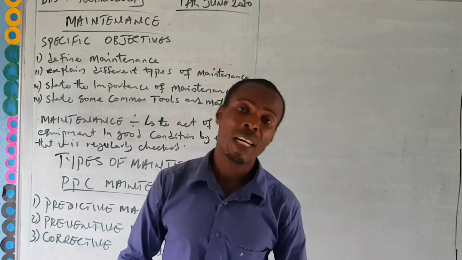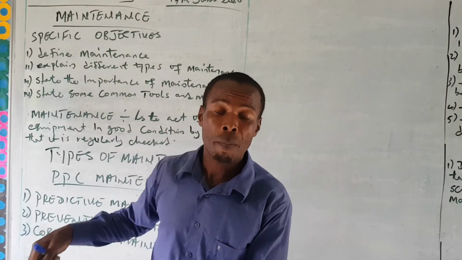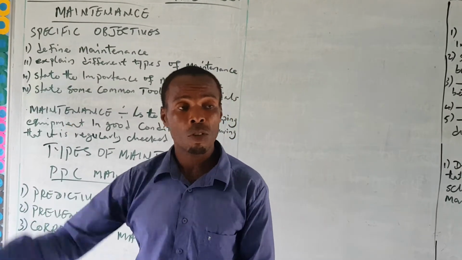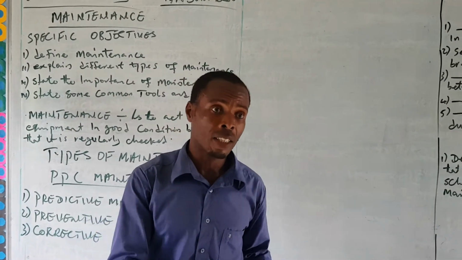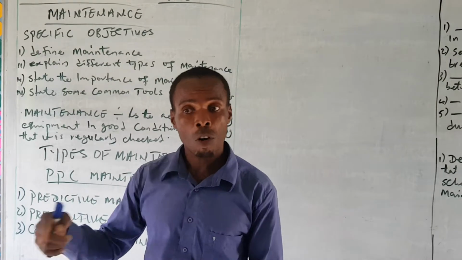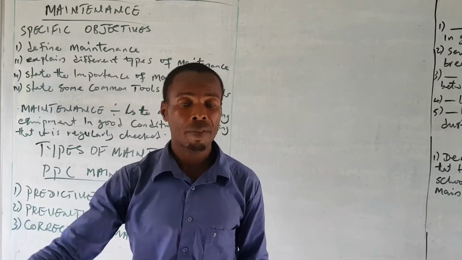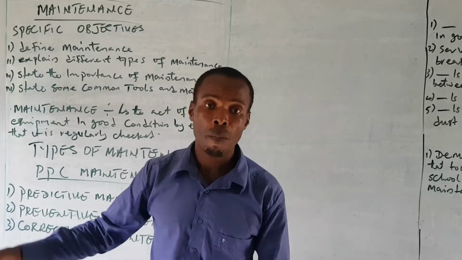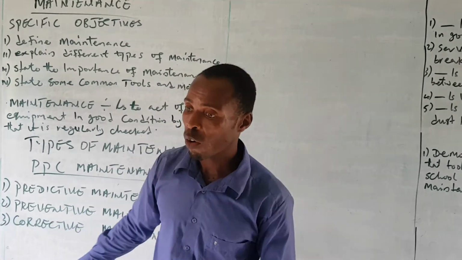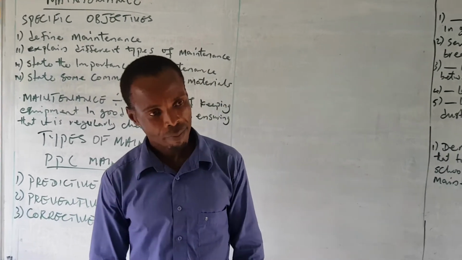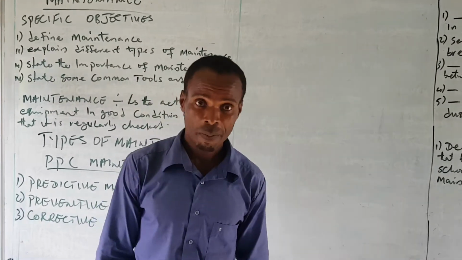What are they trying to do? They're trying to prevent that car from breakdown, so that it does not disappoint them on the road. Because if they don't check, of course the system will do what? Will break down. And when the system breaks down, it's another problem. They begin to look for a mechanic that will come and repair it. It's under corrective maintenance. Is that taken?